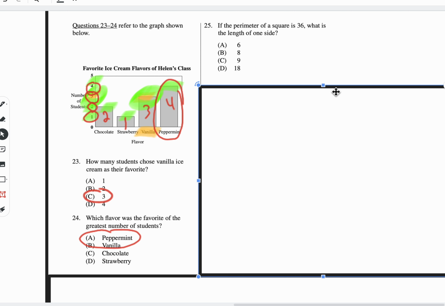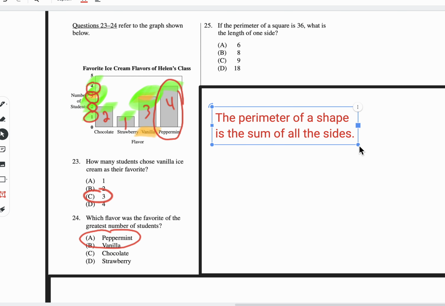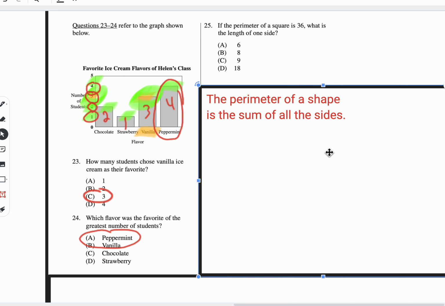Now let's take note that the perimeter of a shape is the sum of all the sides. In a square, all sides are equal.